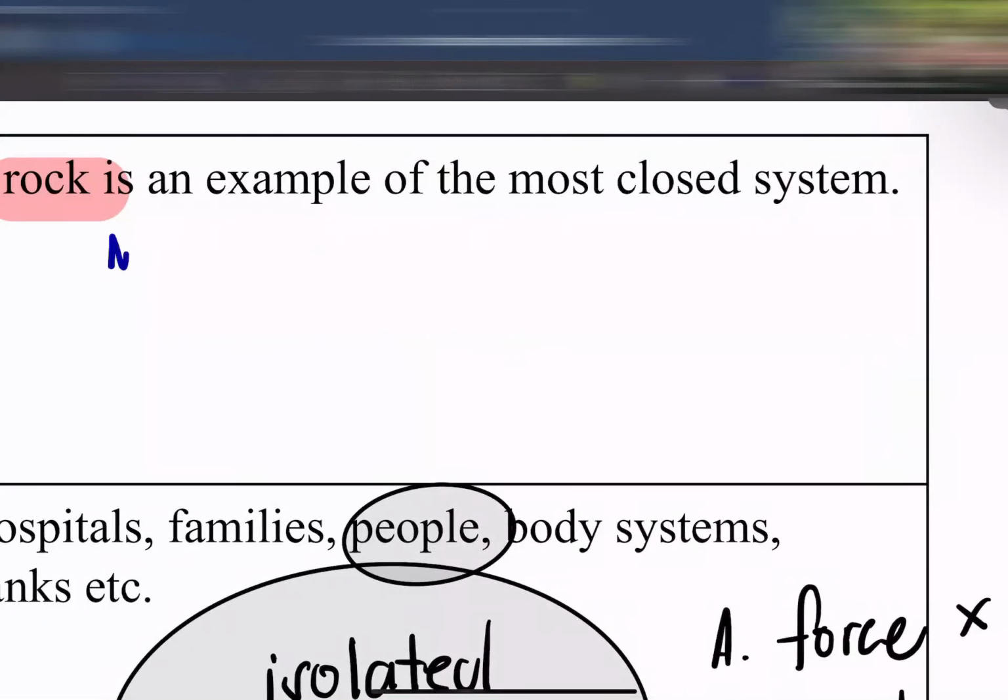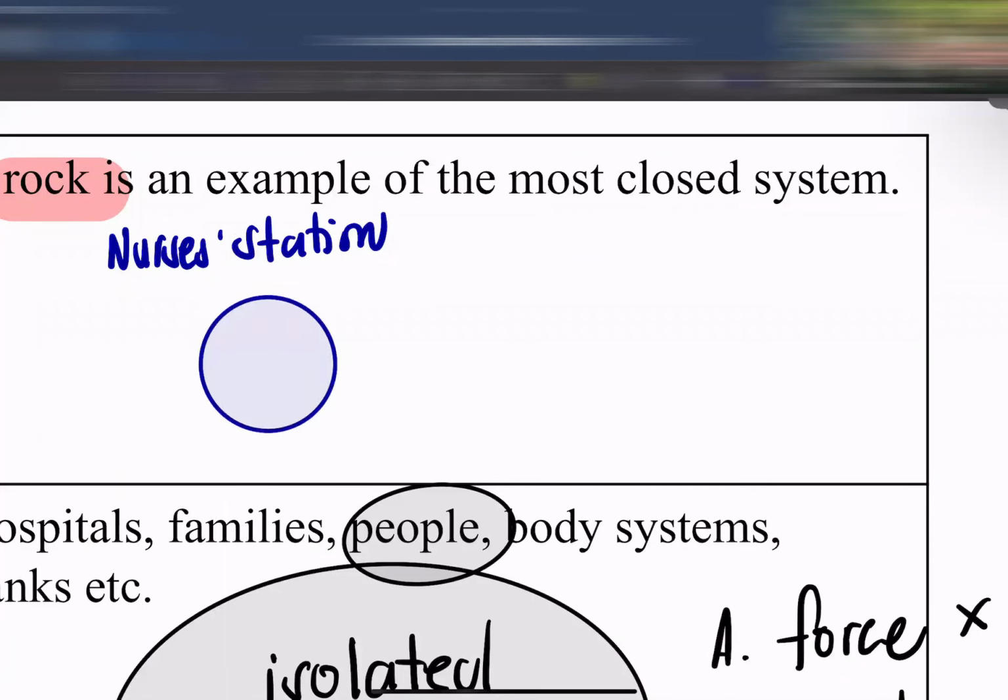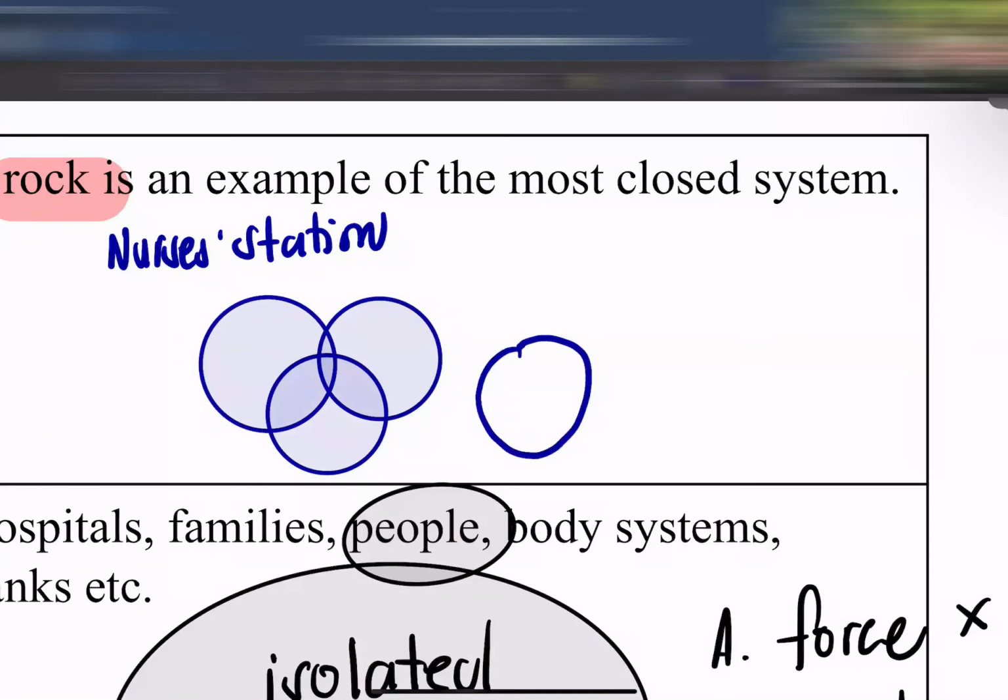For example, if I would talk about a nurse's station, okay, class, when I say nurse's station, a nurse's station is a system. Sino po yung part ng system na yan? I have nurse A, I have nurse B, I have the head nurse, I have the supervisor, I have the chief nurse. Plus, the individual staff nurses are also a system of their own.